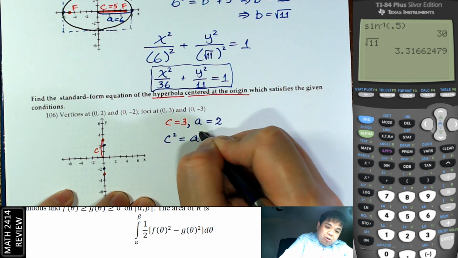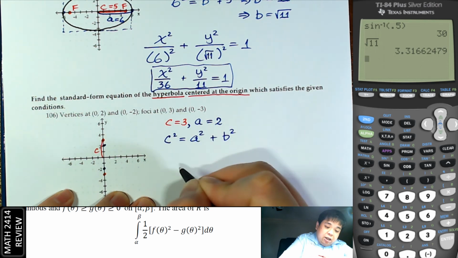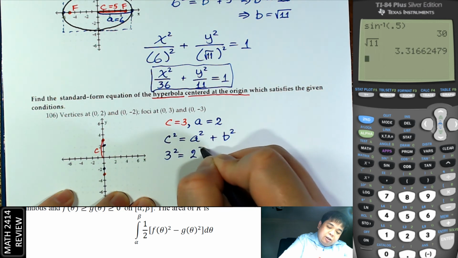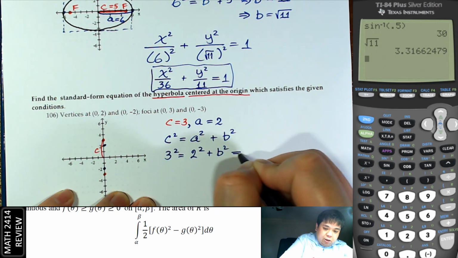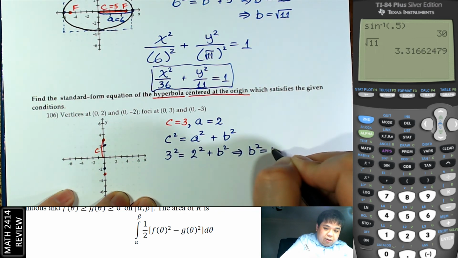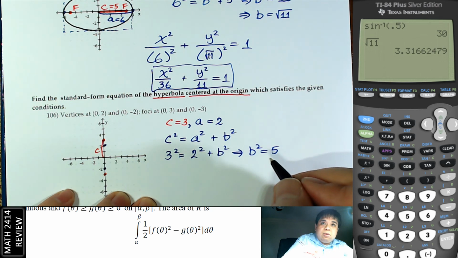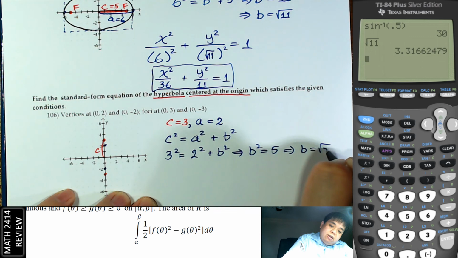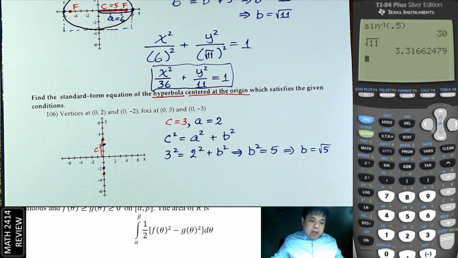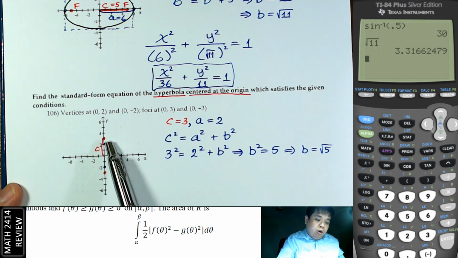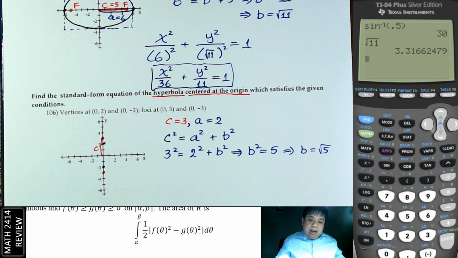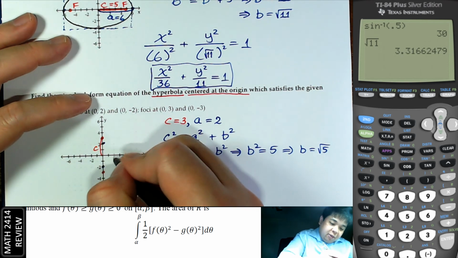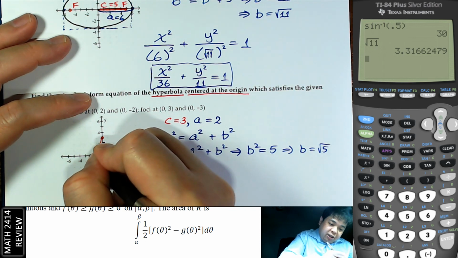C square equal to A square plus B square. 3 square minus A square, so B square is 5, or B is square root of 5. So according to this, we go up and down 2 units, and then left and right that much, like 2.25 something.